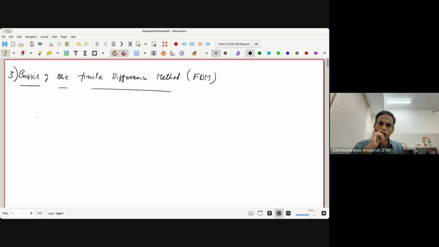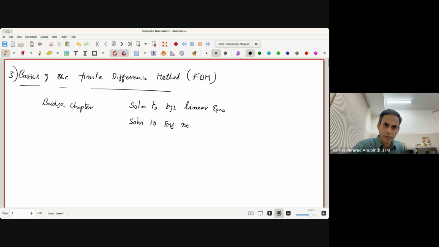Now, you can think of this chapter as a kind of bridge chapter, because it is going to bridge the first two chapters, in which we have learned solution to a system of linear equations and solution to system of nonlinear equations, to essentially the solution of ordinary differential equations and solution of partial differential equations.